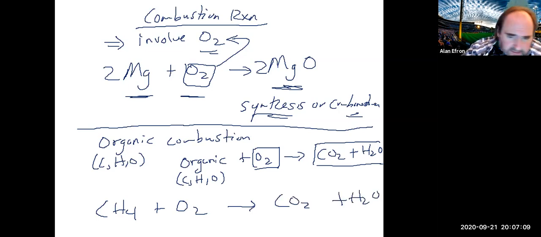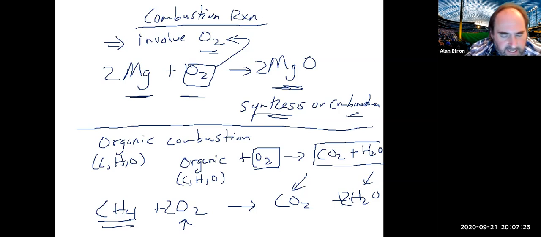Again, you could do some balancing, 1 carbon on each side, 4 hydrogens and 4 oxygens. But this is classic carbon and hydrogen here, O2 here, almost a safe bet to go CO2 and water on your product side. And that usually is what most people think about when they think about a combustion reaction. But again, in general, really a combustion reaction just has to have O2 in it.